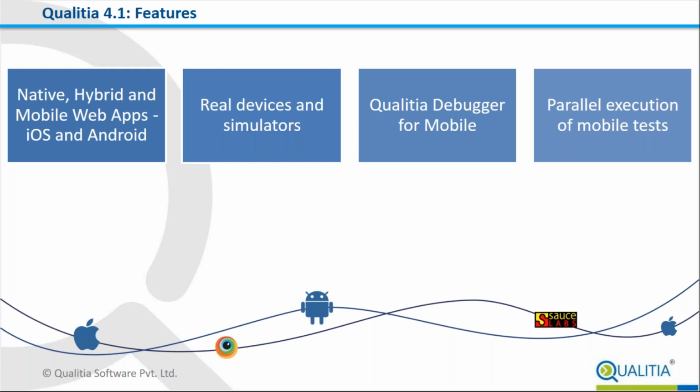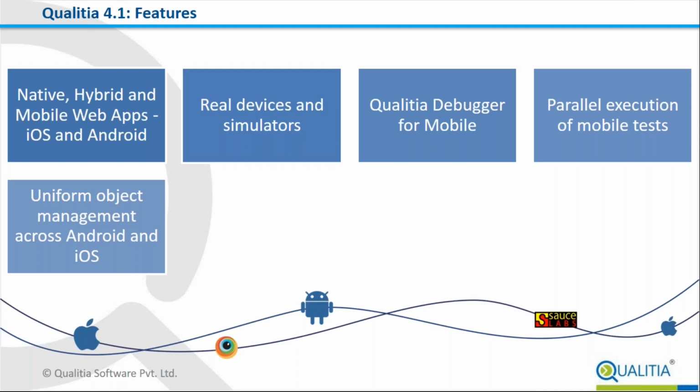The parallel execution capability that we have in Qualisha today, which can help you run a set of test cases or test suites either parallelly or sequentially on any different environments, that capability has now been extended to mobile testing as well.